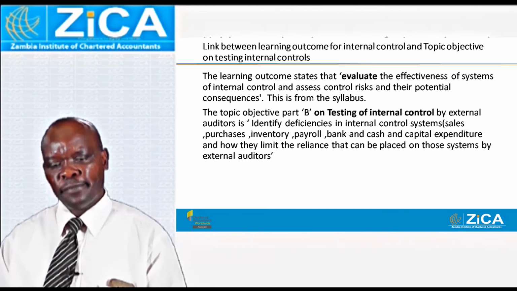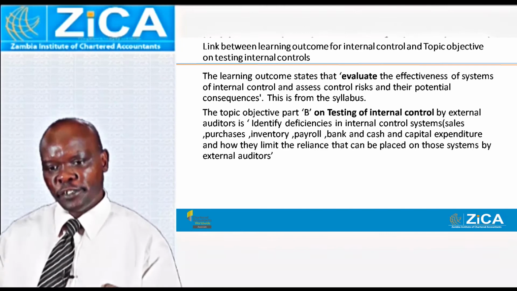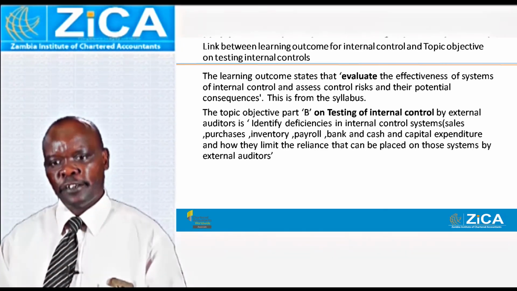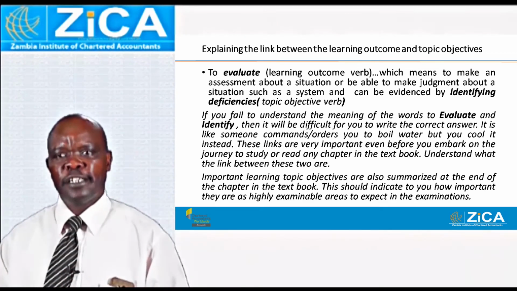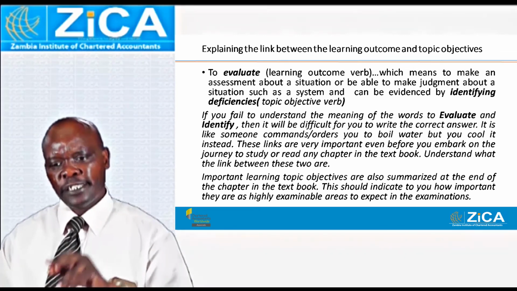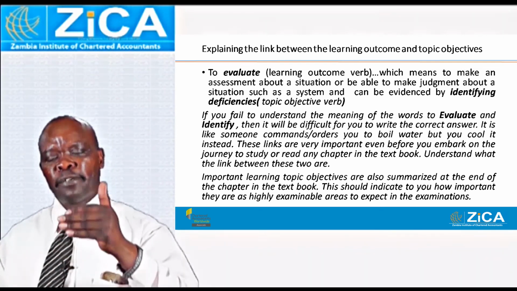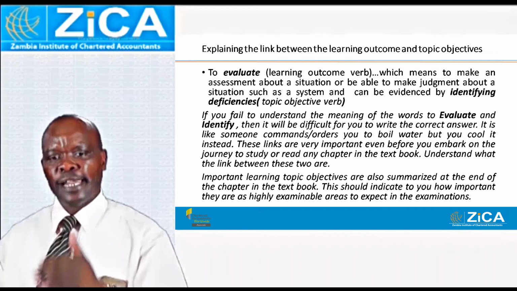Because the learning outcome is asking you to show what you learned or mastered in the topic or in the syllabus part. The topic will carry an objective which is slightly shorter. It simply means the learning outcome has now been reduced to something less.